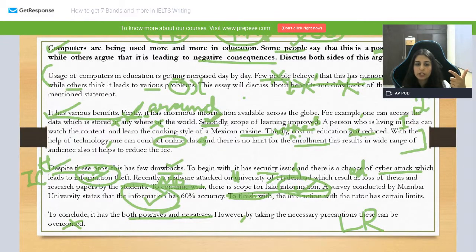For listening and reading, our strategy is to first figure out what kind of questions you're going wrong in. Is it true, false, not given? Match the headings? Or in case of listening, is it MCQ or diagram based? What kind of questions do you go wrong in? That's step 1. Step 2 is to figure out why you're going wrong in those questions.